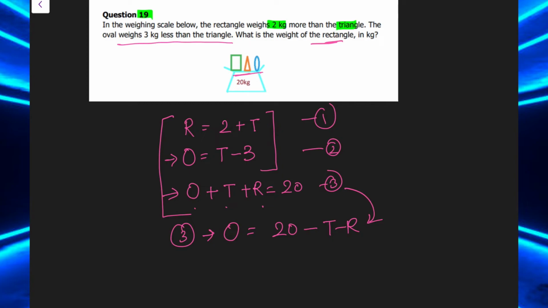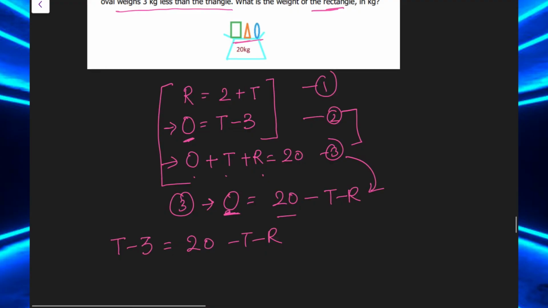And now looking at equation 2 and 3, equating O and O here, we can say T minus 3 is equal to 20, take away T, minus R. Now this equation will be perfect if we are able to eliminate this R from here, and that we can do using our first equation.